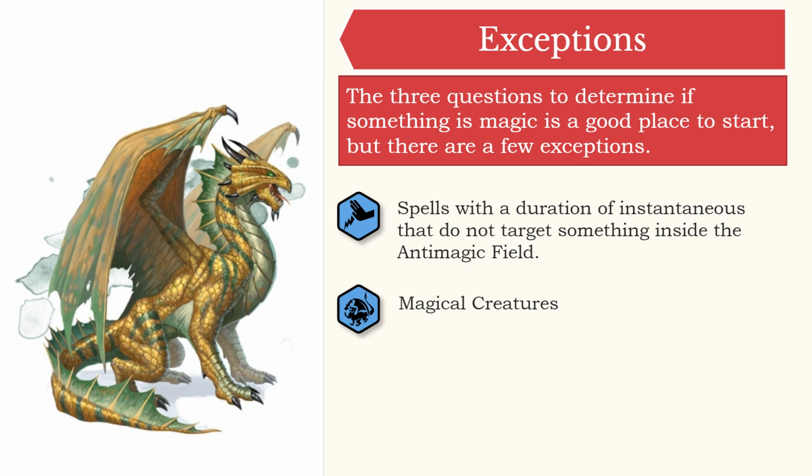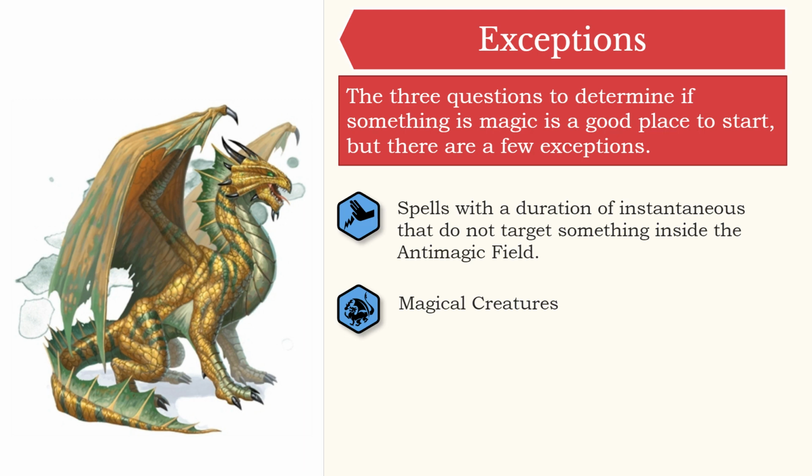Therefore, dragons, golems, elementals, and the like can freely enter and leave anti-magic fields. They're not instantly destroyed or blink out of existence when they enter the anti-magic area. However, they are subject to the same rules while inside an anti-magic field as any other creature, and they can't use magic or cast spells while in the field.